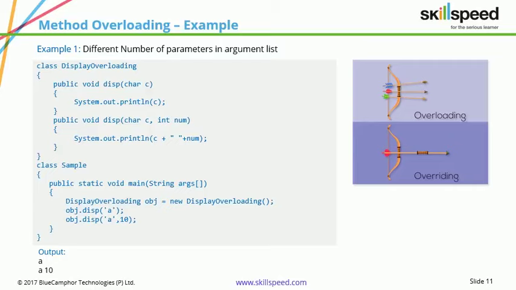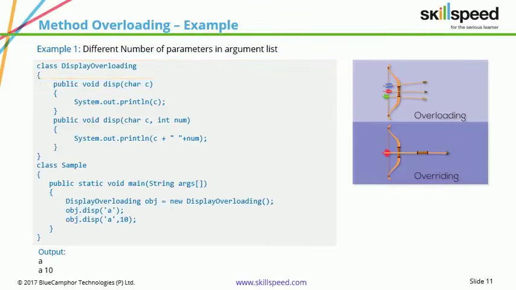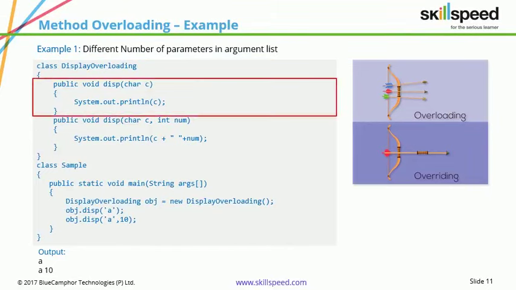Let us now look at the different examples for method overloading. The first example has a difference in the number of parameters in the argument list that we are passing. I have the class DisplayOverloading, in which I have two methods. Public void display, which takes a parameter, character C, and I print that variable in the next line with System.out.println(C).